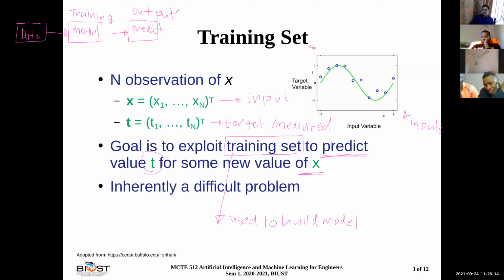Okay, so we say inherently it is a difficult problem, but most of us have already experienced in previous mathematical computational numerical methods in mathematics, where you also give estimates of some computations. Actually, I think you have experienced already polynomial regression at some point, or linear regression.